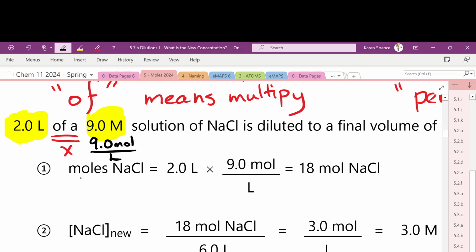So if we want to find the moles of NaCl, we're starting with 2 liters of 9.0 moles per liter. And what happens with our liters there? They cancel out, and we end up with 18 moles of NaCl.